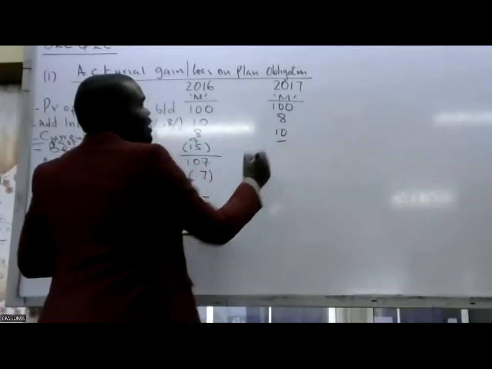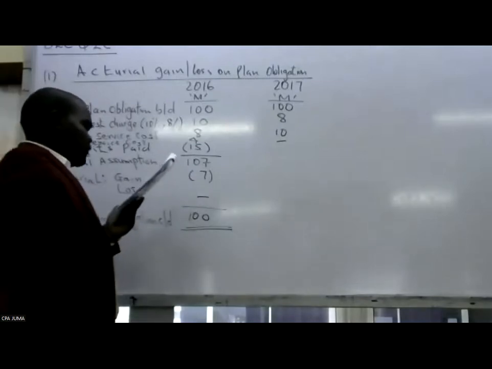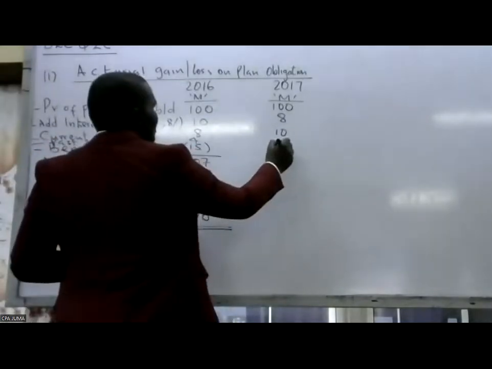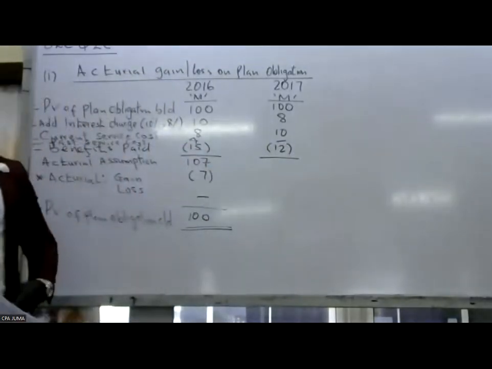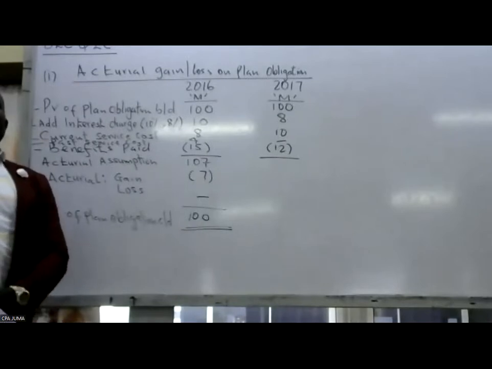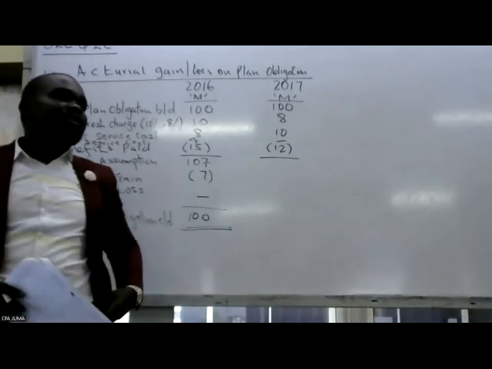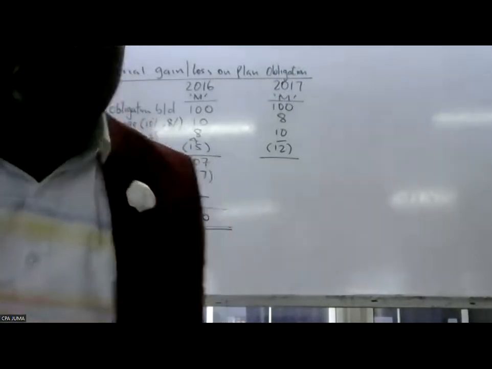There was no past service cost in 2017, but benefits paid 12. Give me the adjusted actuarial assumption. Actuarial assumption is what the actuary was anticipating in the scheme, 106.